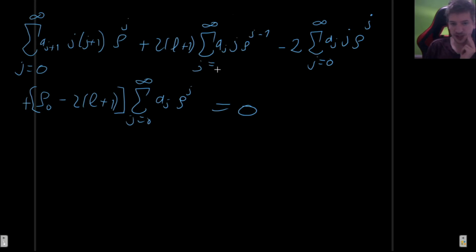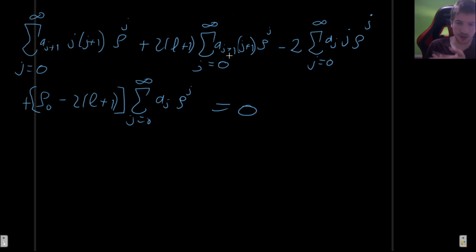So we can just say, okay, it begins at 1. And now we are going to apply this rule and change all of our j's to j plus 1. That way we are going to get a j plus 1, j plus 1, rho to the j, and j now has to begin at 0 to compensate.